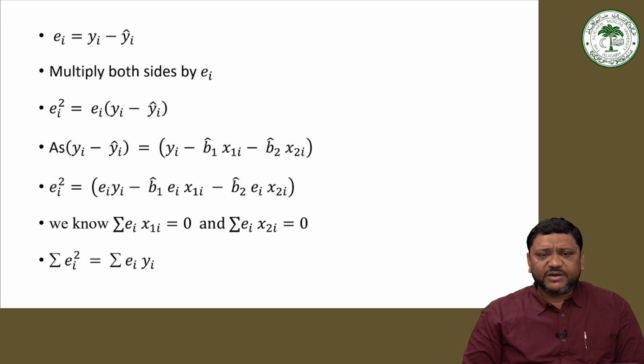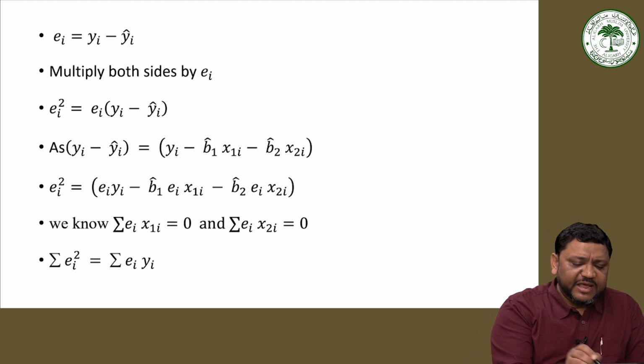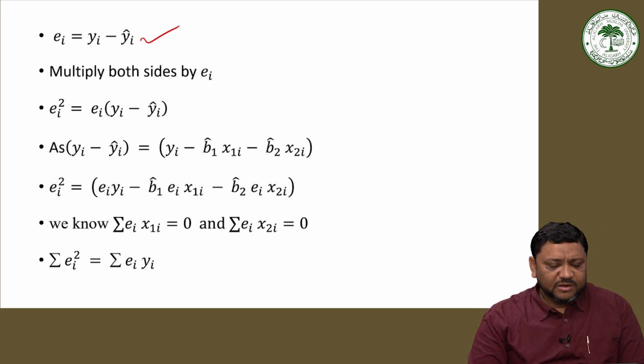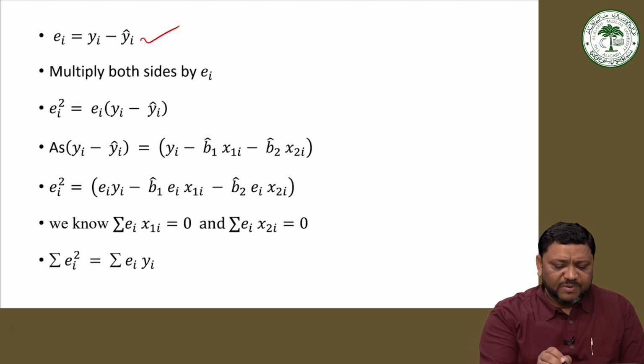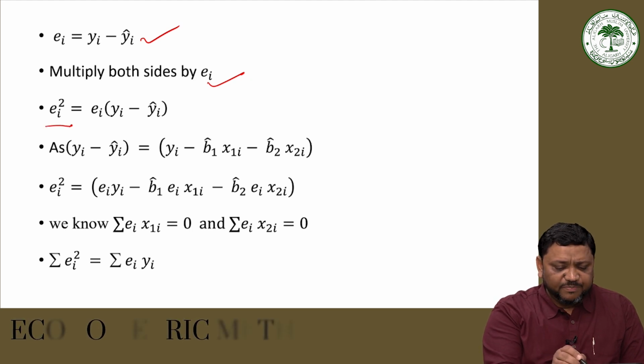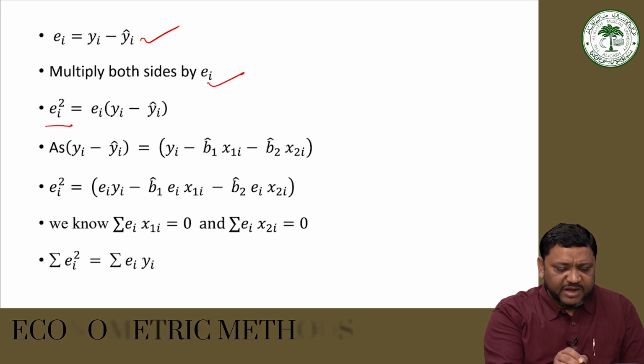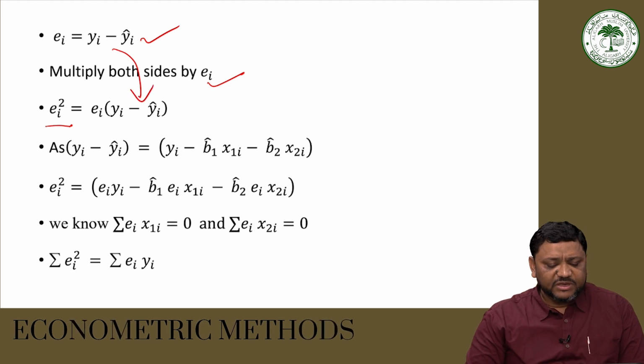Now a derivation of it. We take the error e, all in the deviation format, equal to yi minus y hat i. We multiply both sides by ei, so it becomes e square, and in place of one of the e we open it and keep the other as it is.